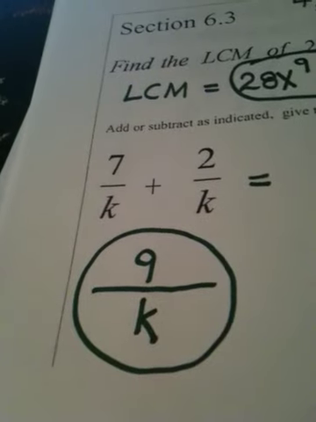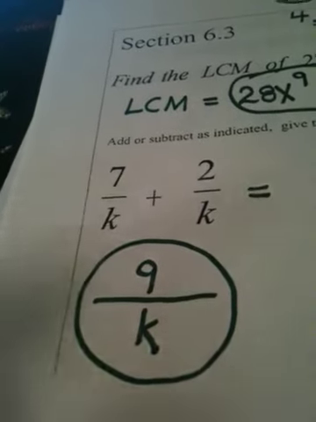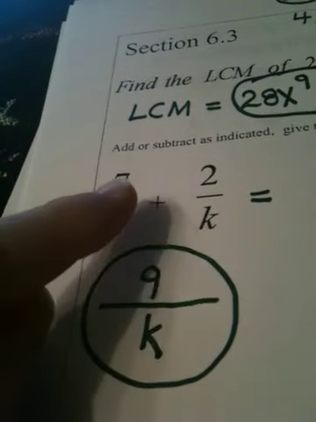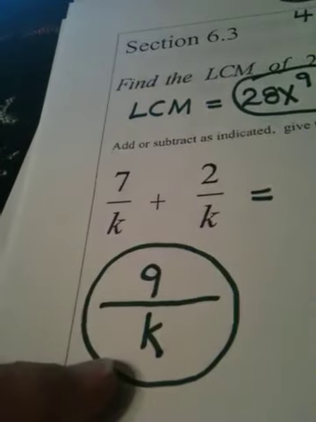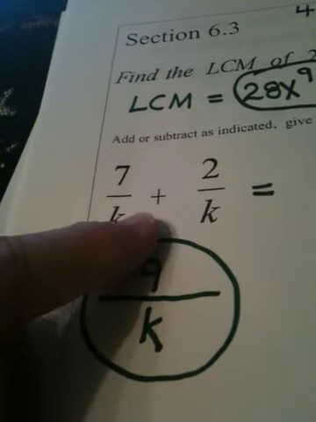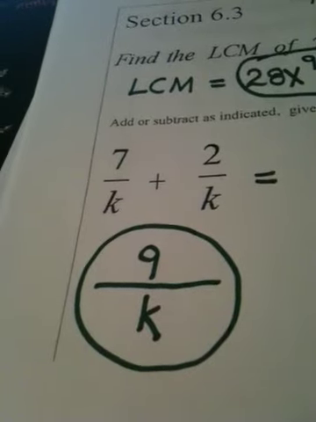If you were adding quarts to gallons, you couldn't just add them until you converted one to the other. So an easy arithmetic problem is a problem where the denominators already start off the same. You put it one time and you add the numerators, or you do whatever it tells you to do to the numerators. Okay? And we're going to look at some more examples, but this is just getting us going.